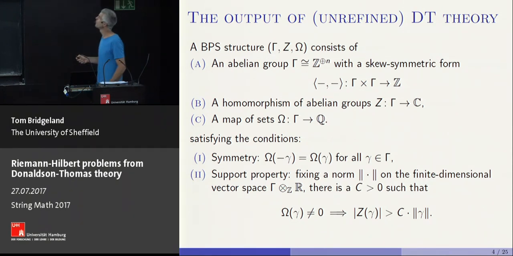So from the point of view of mathematics, how do you get one of these things? You take your CY3 triangulated category, you take a stability condition on it, then this charge lattice will essentially be the Grothendieck group, this will be the Euler form, this is the central charge, which is part of the data of the stability condition, and then this is the interesting stuff.